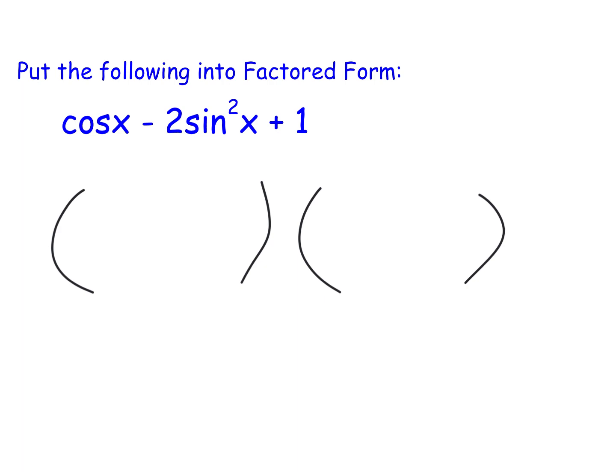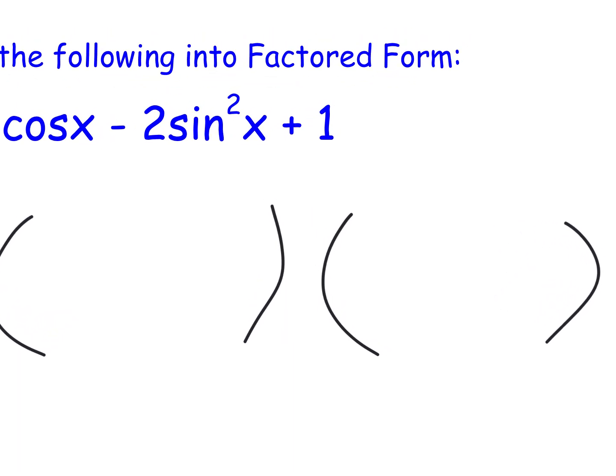But what if we could replace this sine squared right here with something else that I just had you write on the sheet? What is sine squared again? One minus cosine squared.